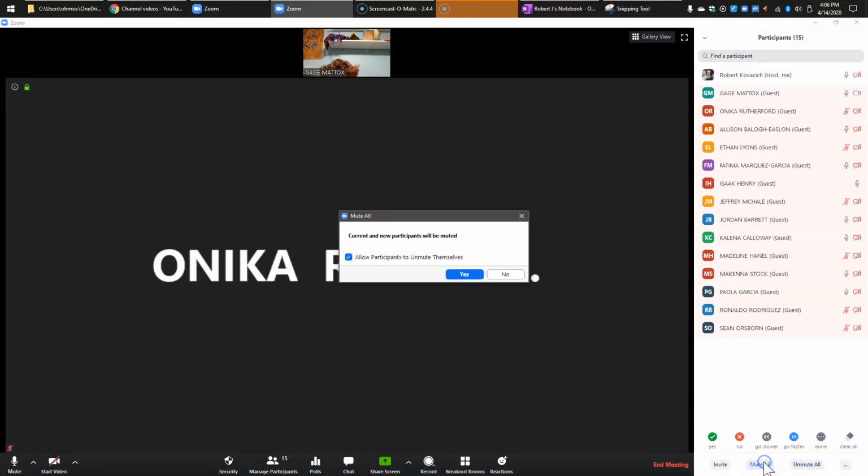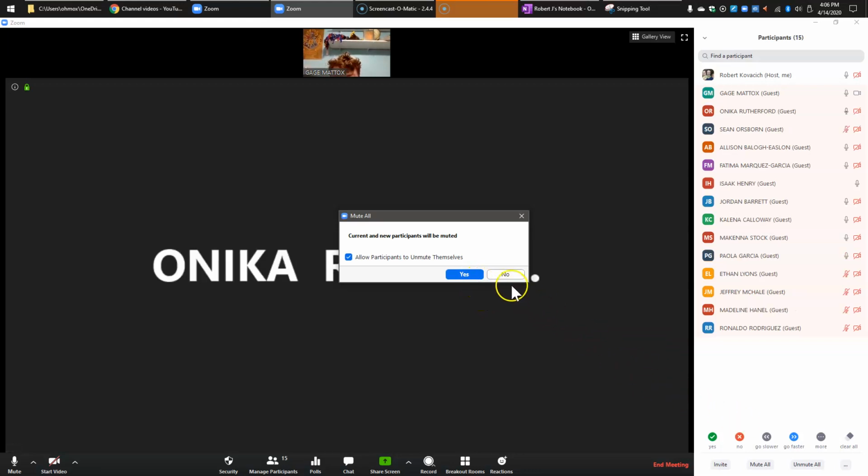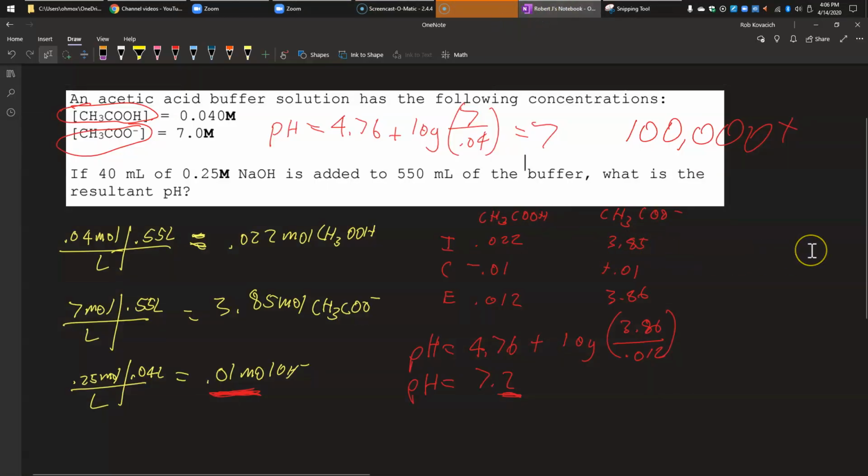Is it also used when a base is added? Yeah, can it also be used when a base is added? You can do the same exact thing. Wait, what?